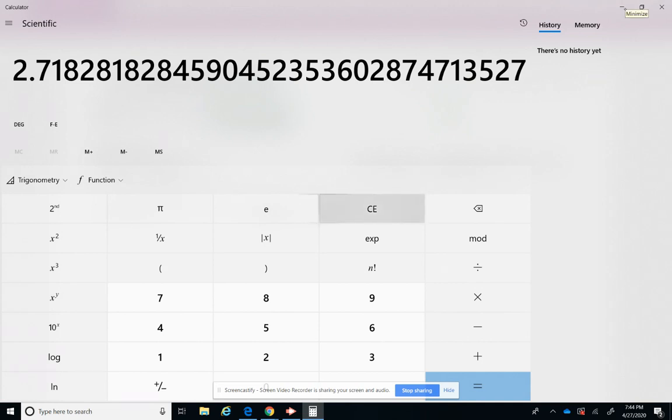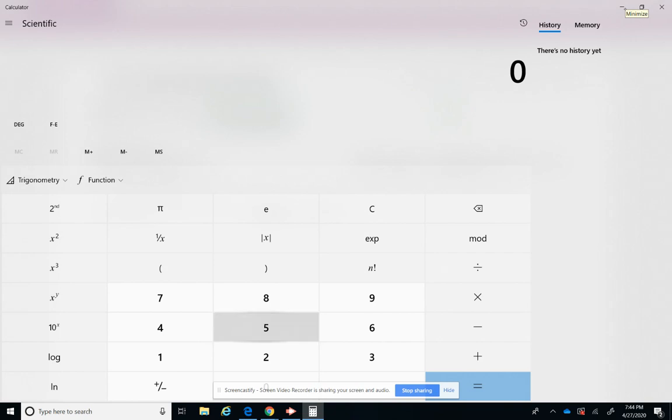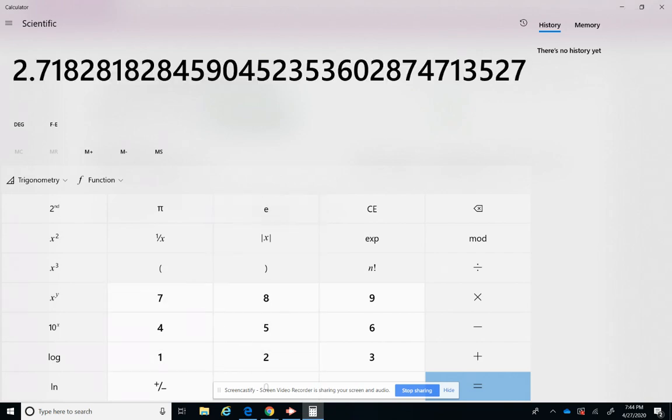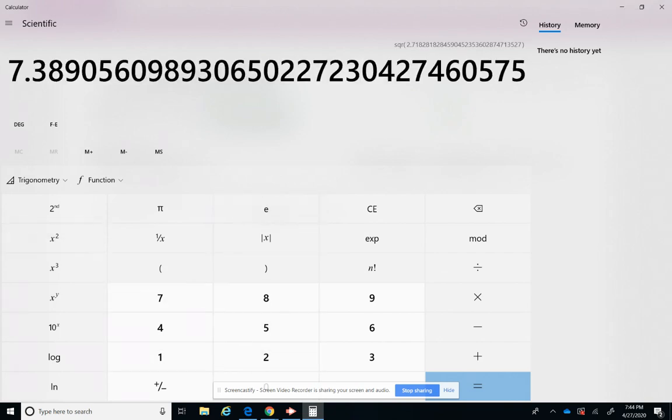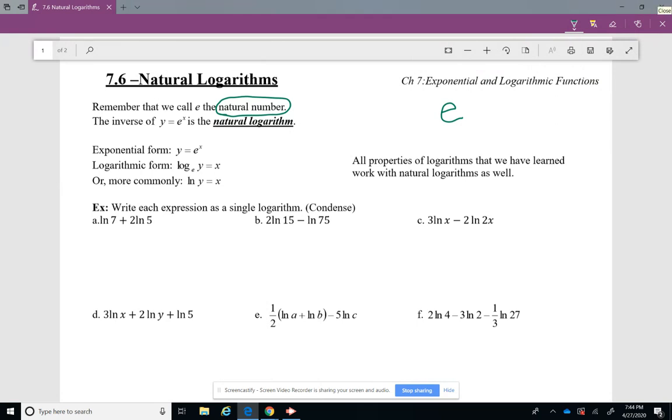If I clear it out and do E to the second, equals, you're going to have approximately 7.3. So we've talked about E, but I just want you to remember that E is called a natural number. It's actually 2.7, blah, blah, blah.